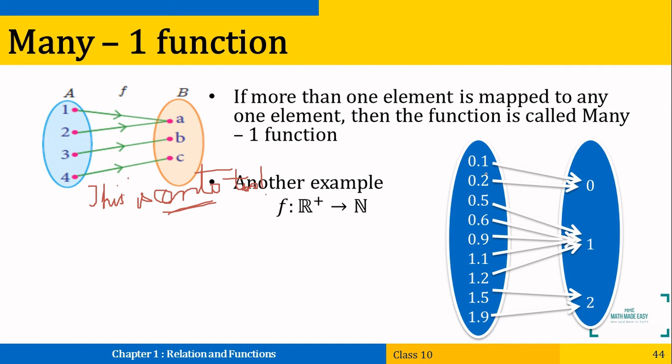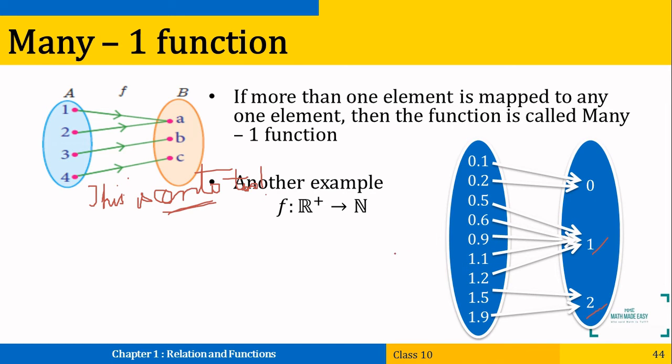So 0.2 is mapped to 0, 0.5, 0.6, 0.9, 1.1, 1.2 are mapped to 1, and 1.5 and the other number here are mapped to 2, right. So this is how the round off function works.